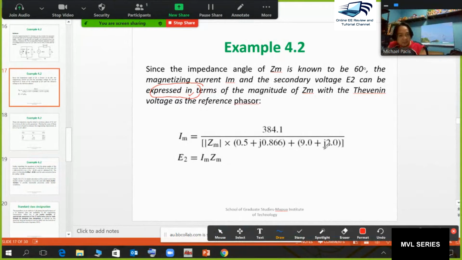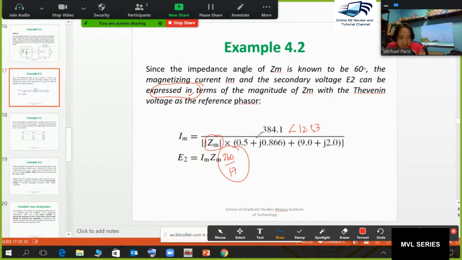So what you will do is turn back the angle of 12.53. The angle there is 12.53. And then the value of your ZM, as we have computed a while ago, that is 260 over 17.